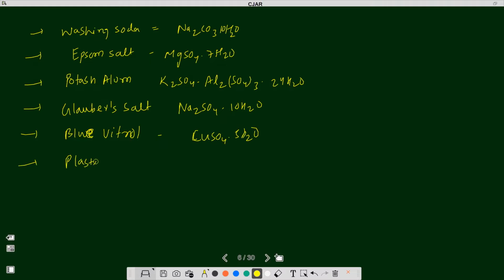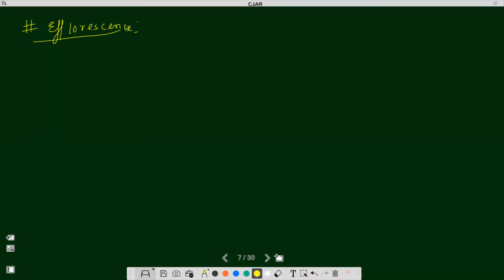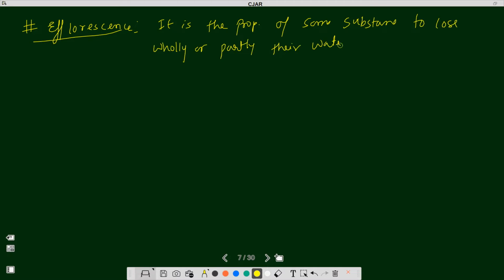Now we will see efflorescence. Efflorescence is a property of some substances to lose wholly or partly their water of crystallization when their crystals are exposed to dry air.